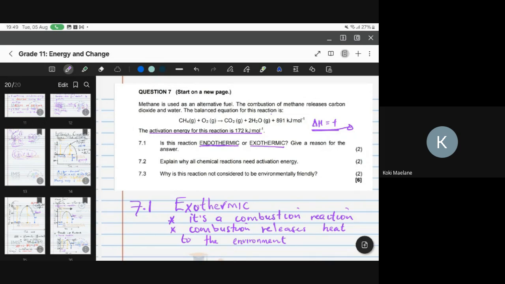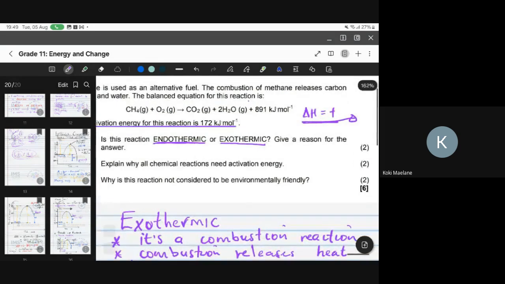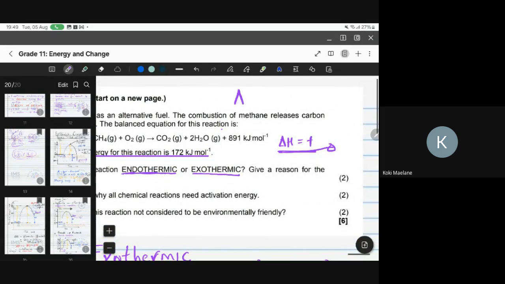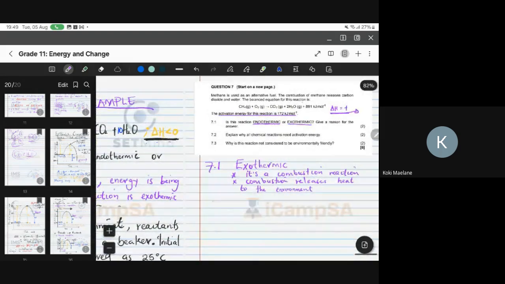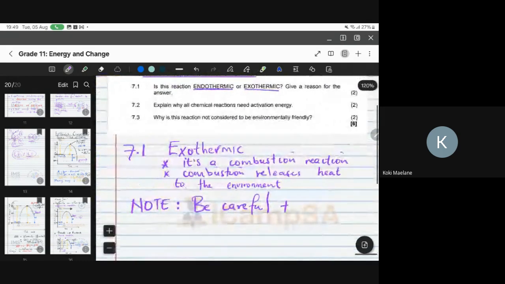So this plus right here just means one of the products of this reaction is heat energy being released to the environment. If, however, it was given like this, I want you to be very careful here. Let me write it there actually. Note, be careful. Please remember this, guys.